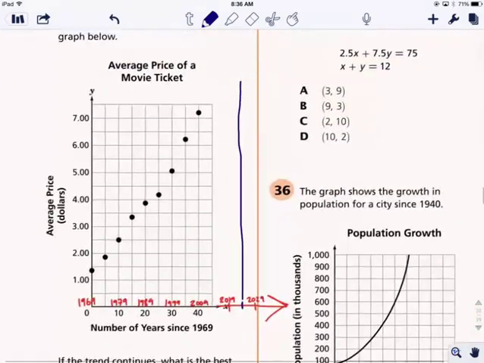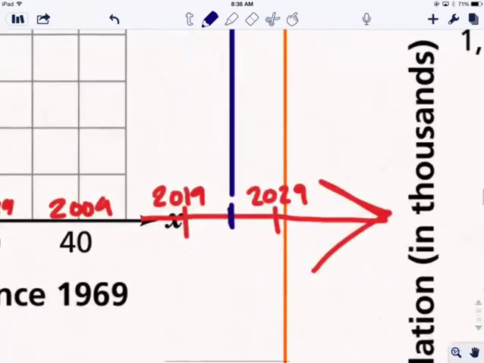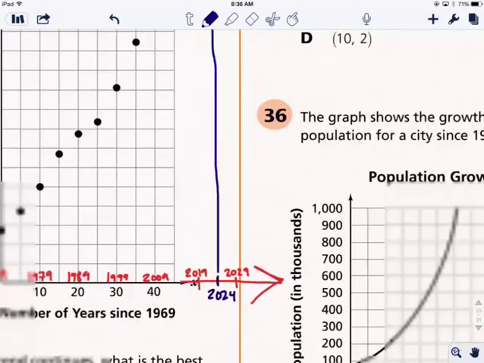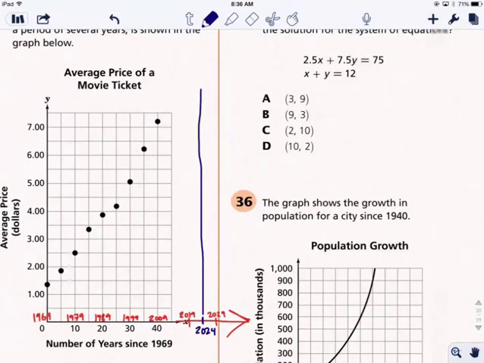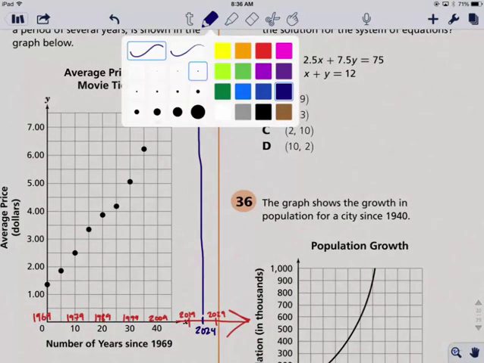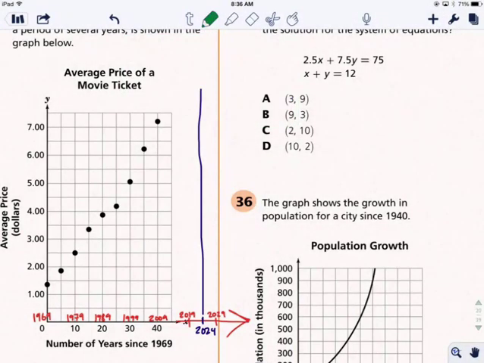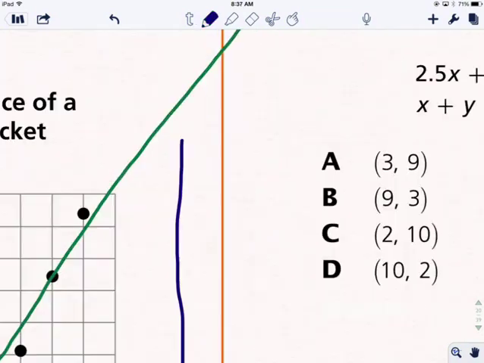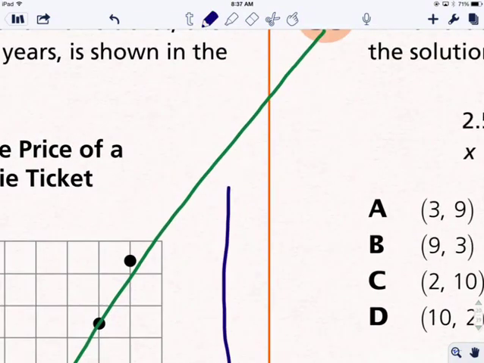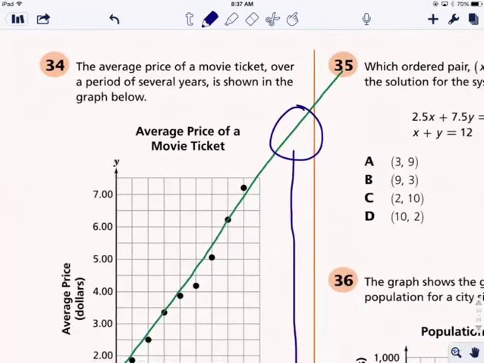Okay. All right, so I extended the line upward from the year 2024. So that means that if we follow the trend of the points upward, it looks like in the year 2024 we will be somewhere in this area. Well, what value does that correspond to over here?